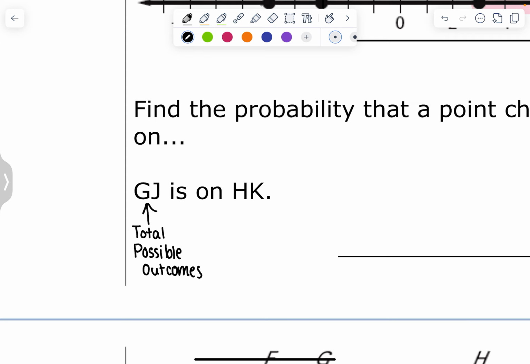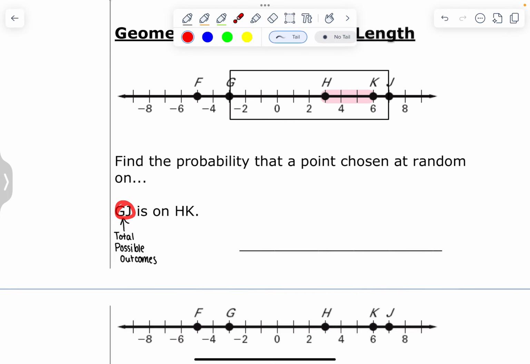And we should remember from Unit 1 that whenever we see two letters next to each other without a segment bar, that's referring to its length. So now let's go ahead and find the length of GJ. If G is at -3 and J is at 7, then the distance between them is 10. And HK is our length of our favorable outcomes.